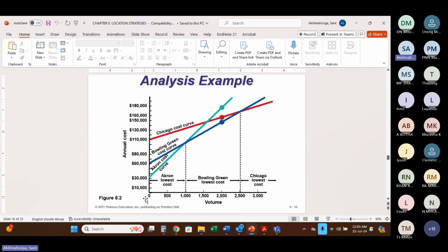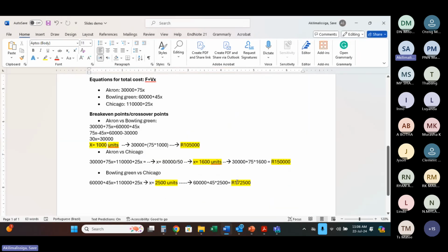In these examples, on the y-axis, the scale is 10,000, 10,000, 10,000, up to 180,000. The reason for doing this is that since you are dealing with big numbers, when we calculated this cost here, it's 172,500.